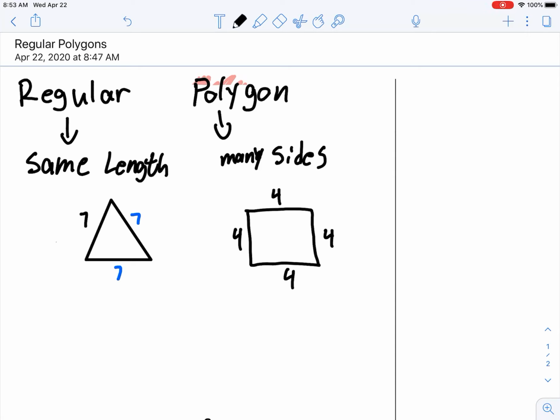Before we start doing the math, let's go over some names. A triangle has 3 sides and a square has 4 sides. Those are ones we've seen a lot. Now, a pentagon has 5 sides.